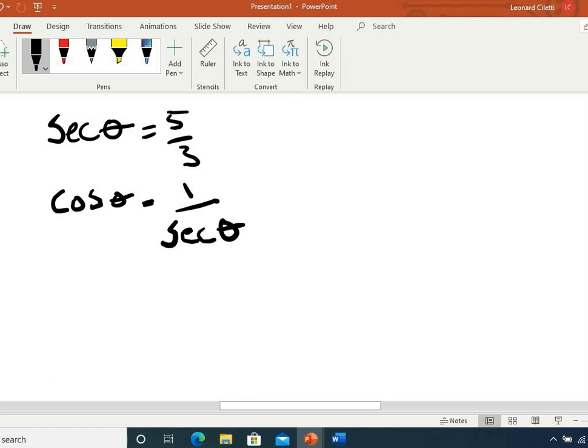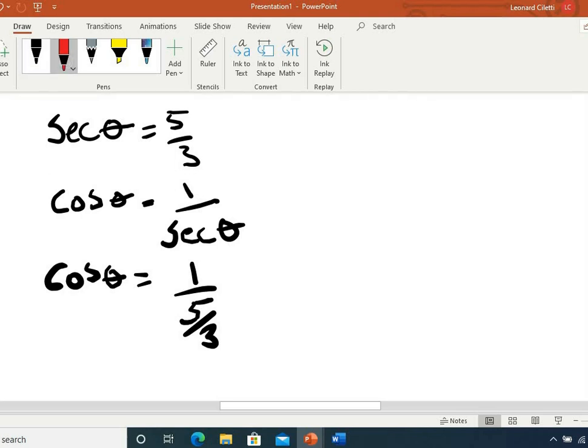And then we substituted in, so cosine of theta is 1 divided by 5/3, okay?